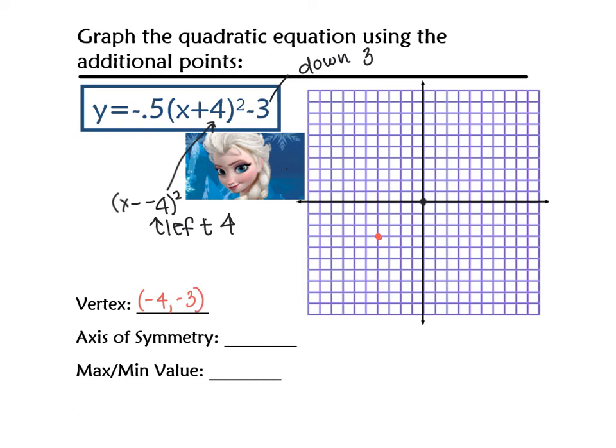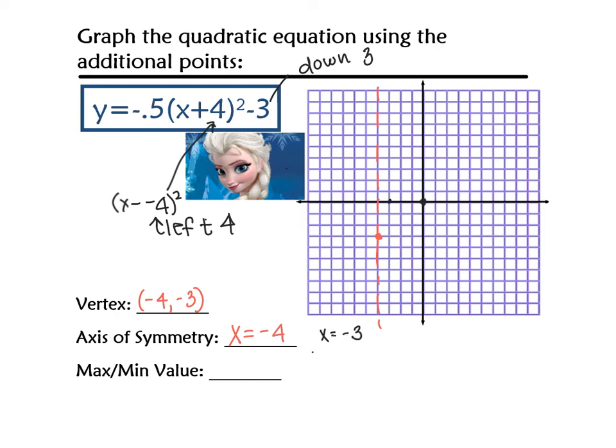The second thing you should have done is draw in your axis of symmetry, which goes right through the vertex. And the axis of symmetry would be at x equals negative 4. The third thing you should have done is move to the right one, and you should have realized that that is an x of negative 3.